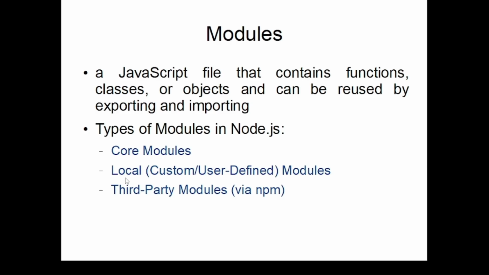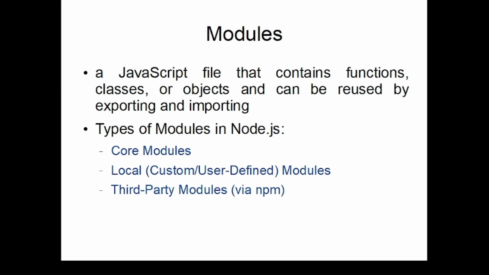The next one is the local module. For understanding the local module, we need an example, as it will be created by the user, which means we need to write a short code and reuse that code by exporting it and importing it in some other file.